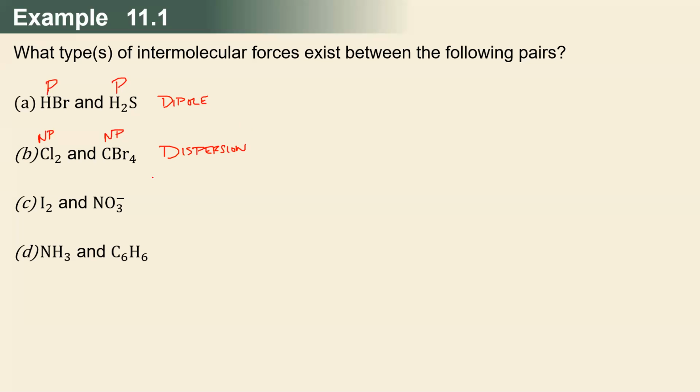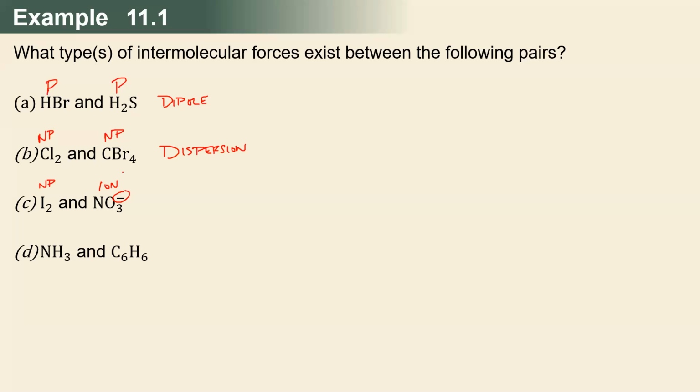All right. So we have I2, polar or nonpolar? Nonpolar. And NO3 minus, that minus tells us that this is an ion. We didn't talk about this one specifically, but we can figure it out.